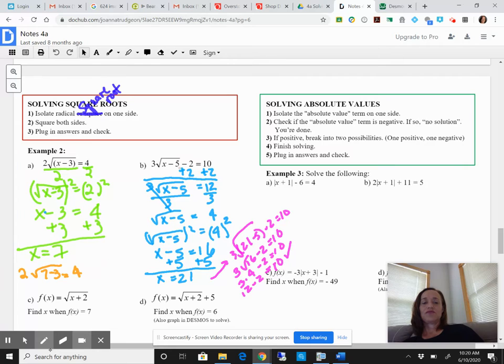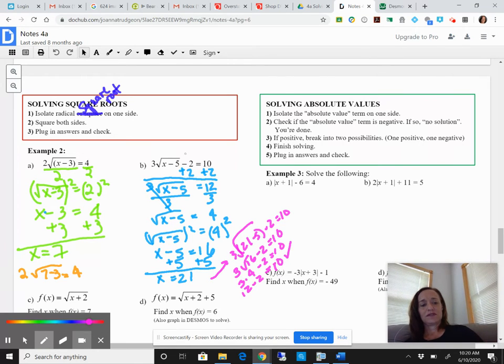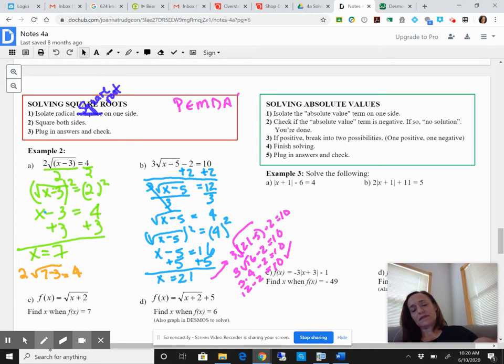Okay, so when you do order of operations for solving, I'm just going to remind you on PEMDAS. When you're solving, you kind of work backwards. When you're evaluating, like putting a number in, like I'm going to put 3 into this equation, you go forwards. And when you're solving, you're isolating. So you're going to do the addition and subtraction first.